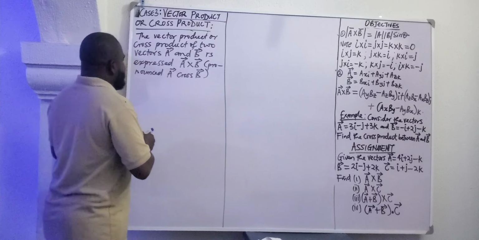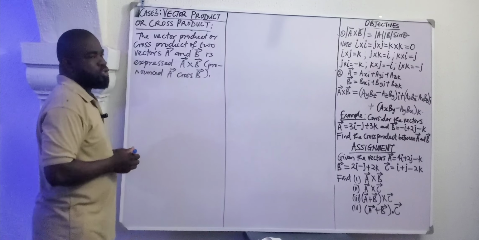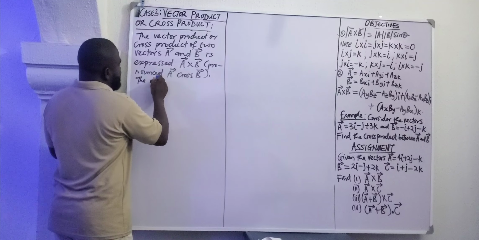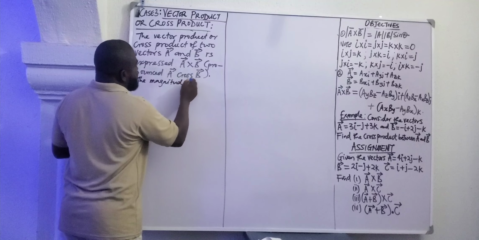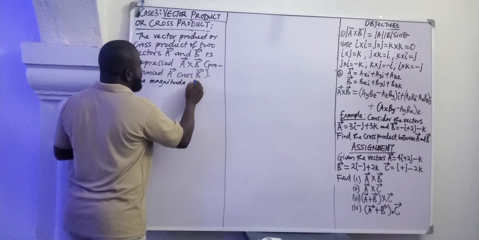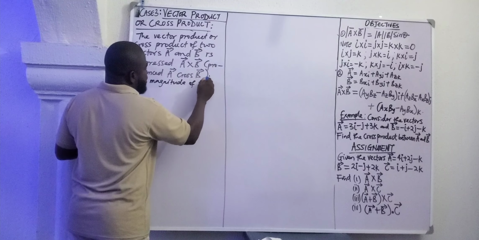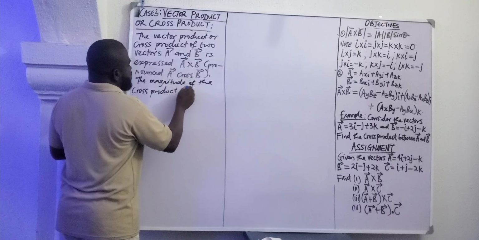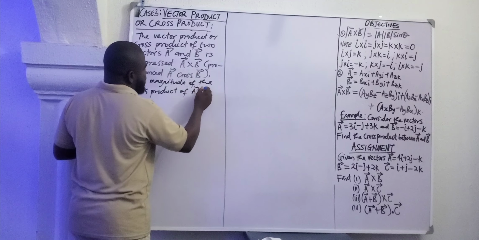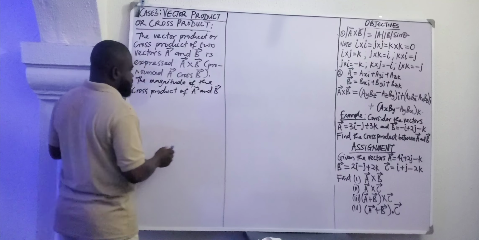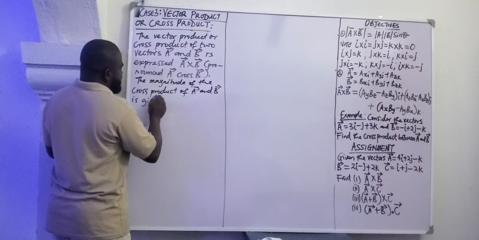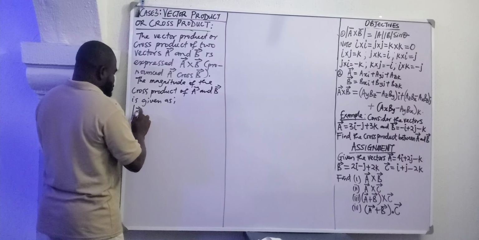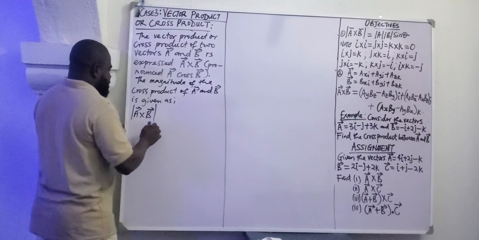Now, the magnitude of vector A cross B is expressed as the magnitude of the cross product of A and B is given as, you know, when we say magnitude, we use this absolute sign to represent magnitude.